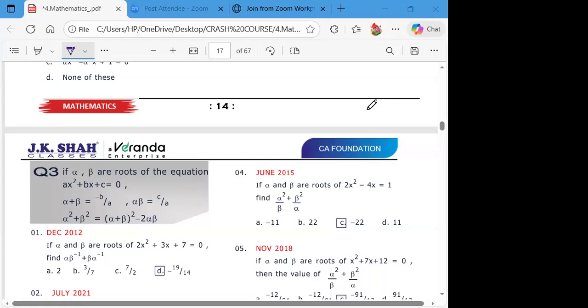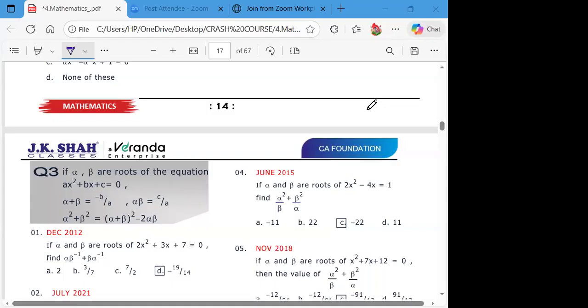Next point. If discriminant is equal to 0, roots will be real and equal.